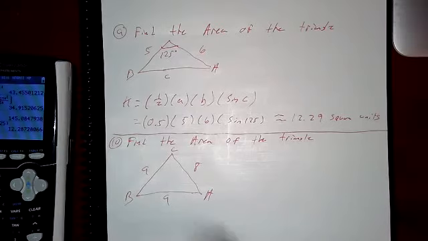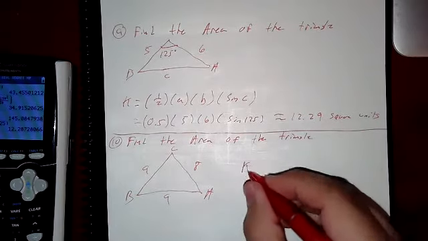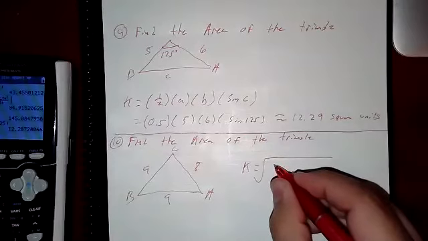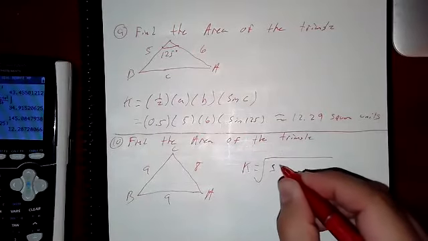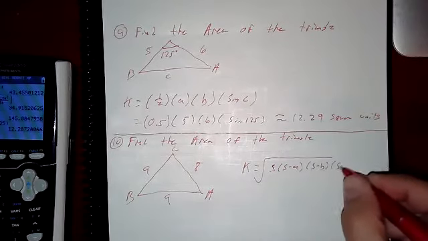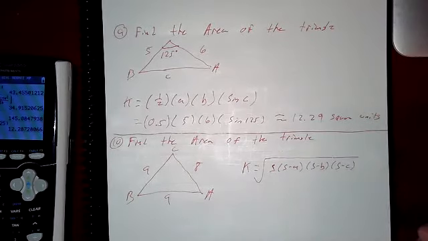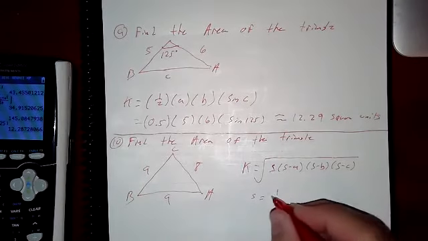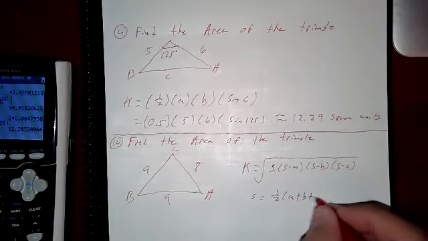Okay, let me go pull up Hero's formula. Here it is. The area they call K is equal to the square root of S times S minus A times S minus B times S minus C, where S is equal to 1/2 times A plus B plus C.